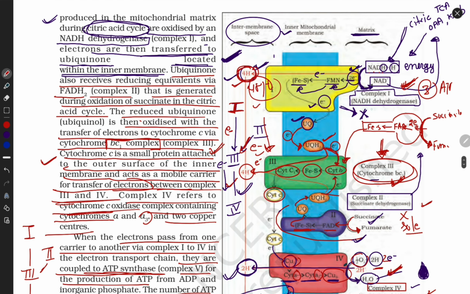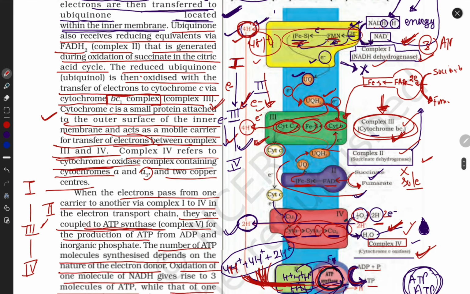Remember everything. What is the name of complex 1? What is the name of complex 3? What is the name of complex 2? What are the names of complex 4 and 5? They give you options like this. In which complex does this reaction occur? You have to remember that this reaction occurs in complex 1. Water is formed in complex 4.